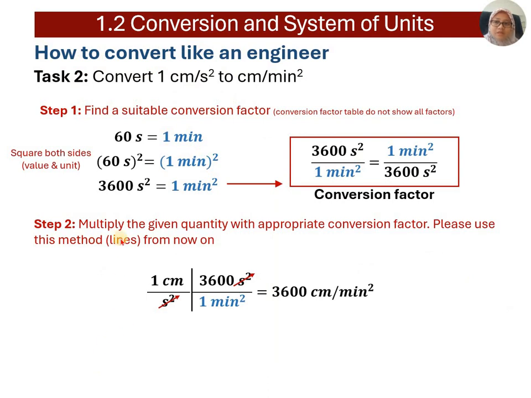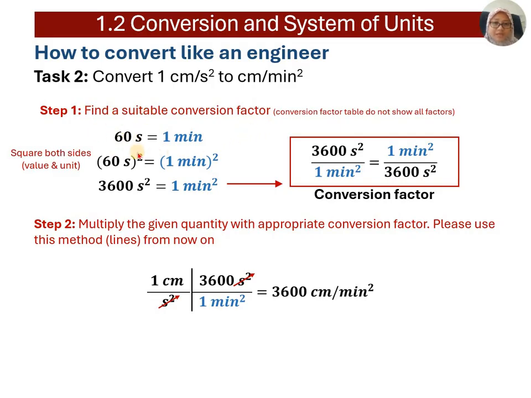Let's convert the second quantity, which is 1 centimeter per second square to centimeter per minute square. So if you see here, we have to convert second square to minute square, which is a squared unit. First step is to find a suitable conversion factor based on information that we know.